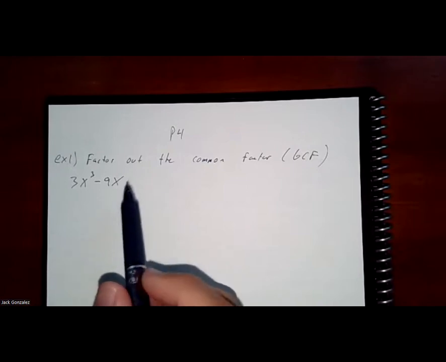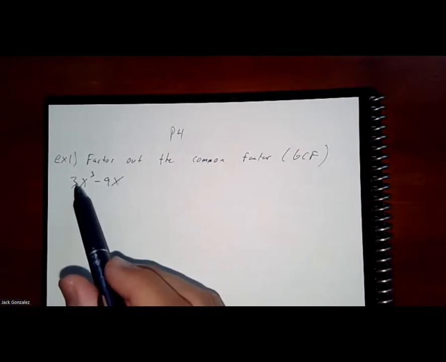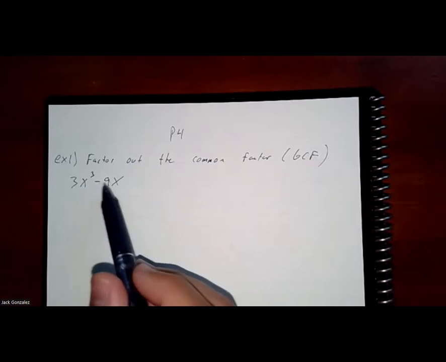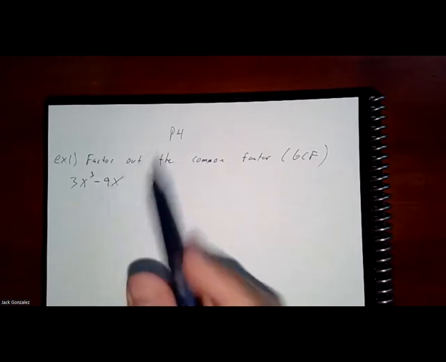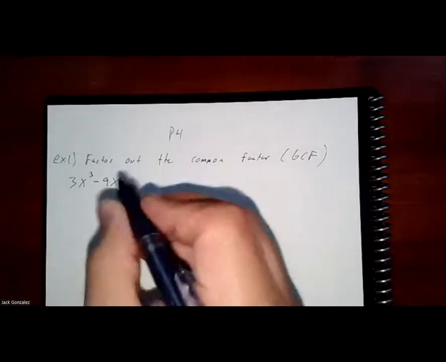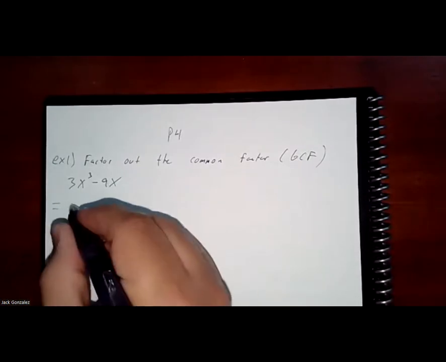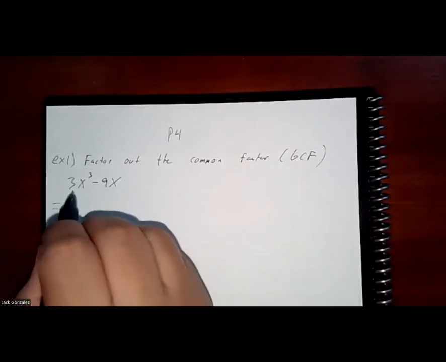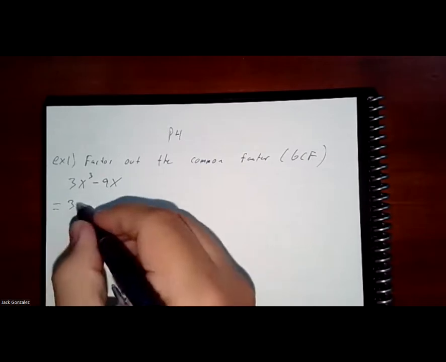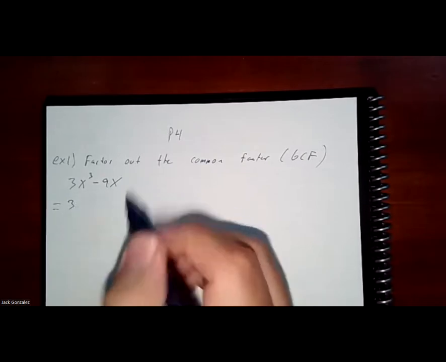So what is the biggest number that I can factor out from both of these terms? 3. It's going to be 3, right? And x. So at most, they have 3 in common and a single x, right?